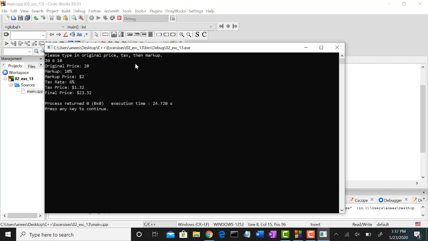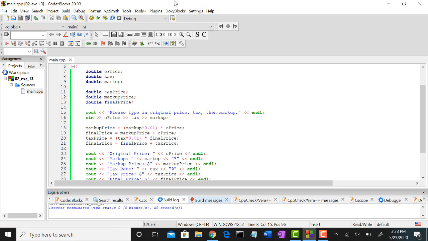The original price is $20. The markup is 10%. The markup price is $2. Sales tax rate 6%. Tax price 1.32. Final price $23.32.